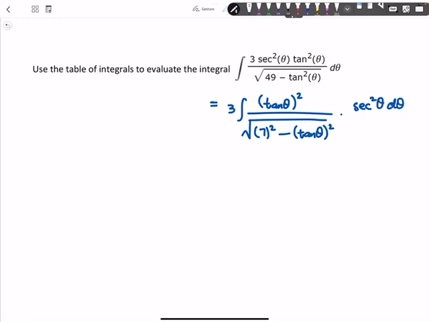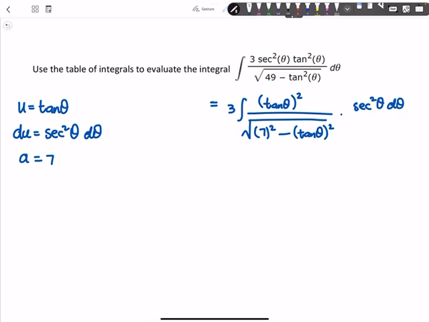All right, so for this problem, I'm going to let u be equal to tangent of theta. So it will follow then that du is equal to secant squared of theta d theta. That works out very nicely because this is already in my problem. And I'm going to let a be equal to 7.